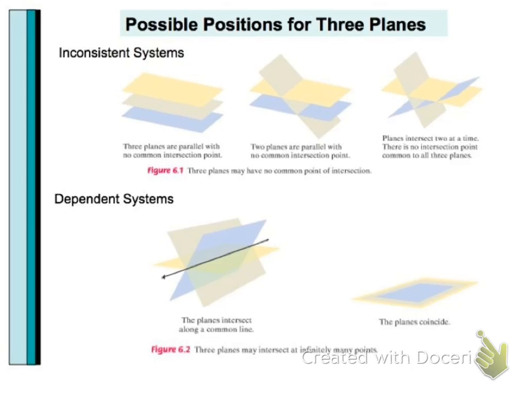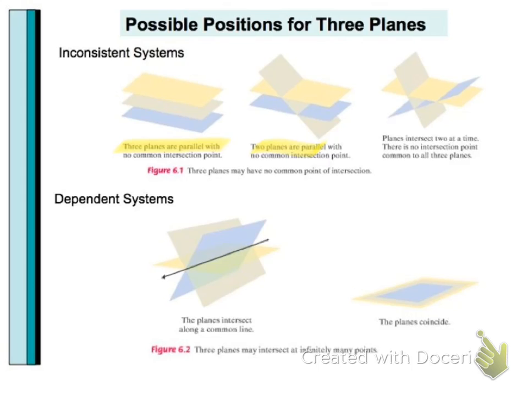Three planes can do one of the following things. They can be parallel, and they'll have no common intersection point, similar to parallel lines. There could be another situation where two of the planes are parallel, and again that would mean no common intersection point for all three of these equations describing these planes.